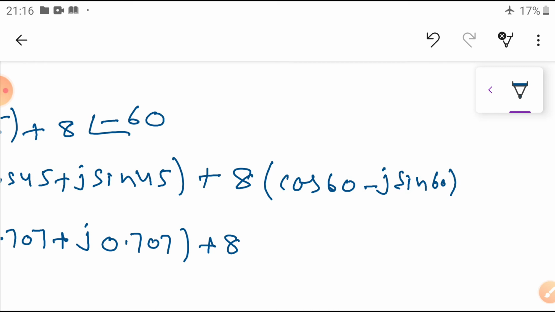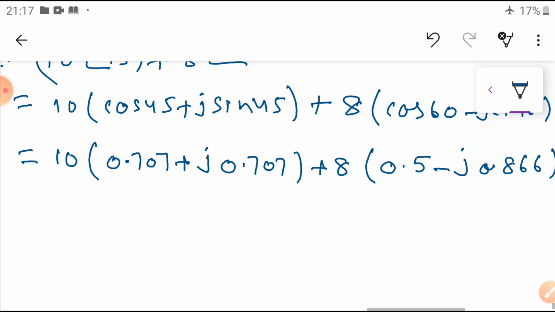So 8 cos 60 is equal to 4, and minus j sin 60, root 3 by 2, 0.866. Simple, this is very simple, dear students.